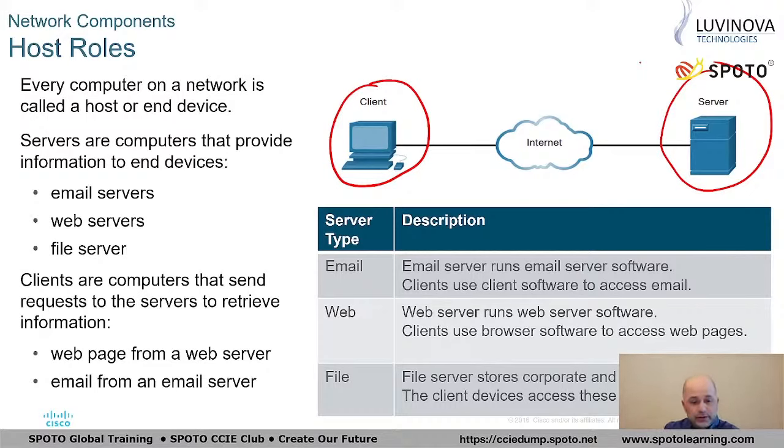Servers are computers which are providing services. Computers which are giving us services, those we call servers. For example, email server, web server, file server, DNS server, and Active Directory servers.